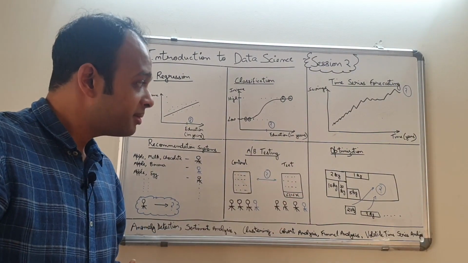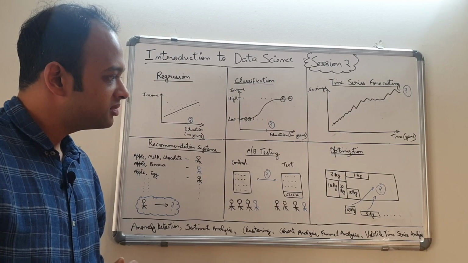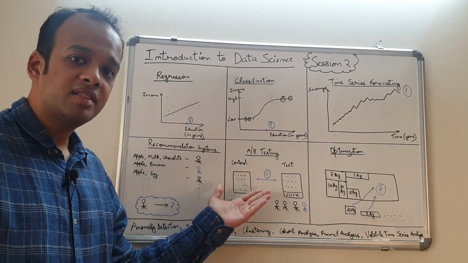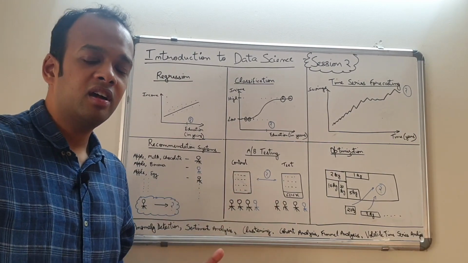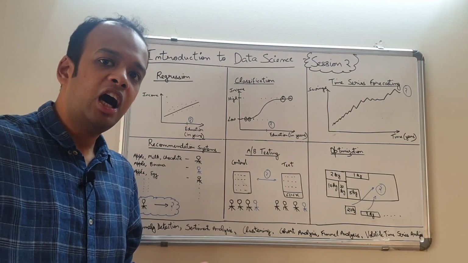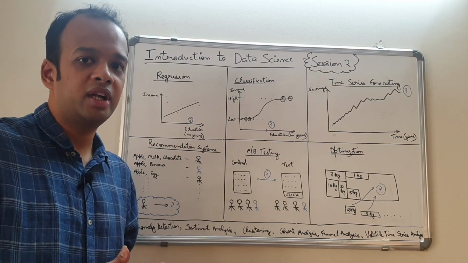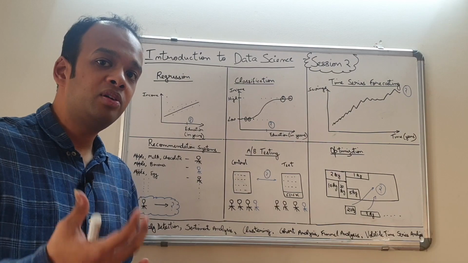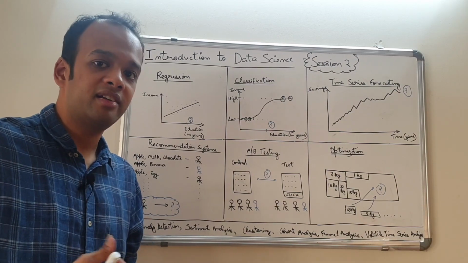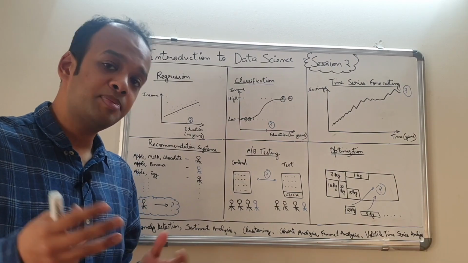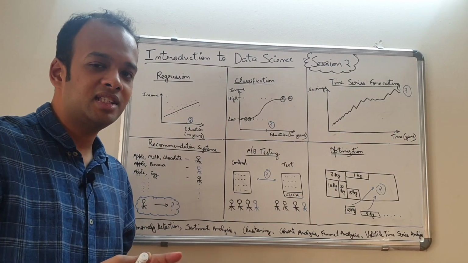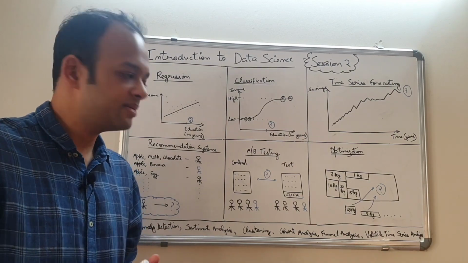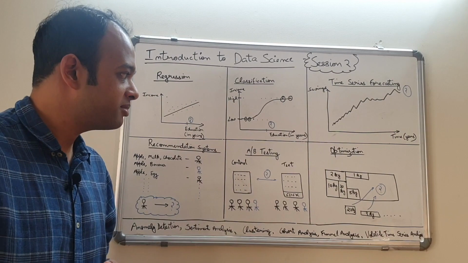The next set of problems is the optimization problems that I briefly mentioned. It's about, say, truckload optimization. You have a truck, you have limited space. How many boxes would you want to load onto that truck so that you are able to transport the maximum weight, right? If space is the constraint and weight is the variable that you're trying to maximize. So this is a kind of optimization problem.